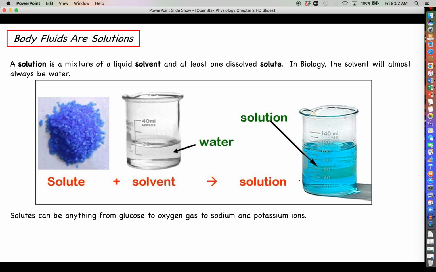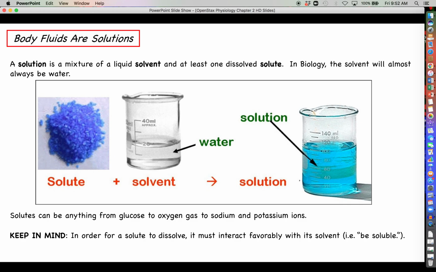And there are going to be quite a few different solutes that we are going to be tracking throughout the semester, and we will, of course, discuss their relevance in different physiological processes. And like I said, an important thing to keep in mind is that if a particular solute is going to dissolve in water, it has to interact favorably with the solvent, of course, that being water in this case.